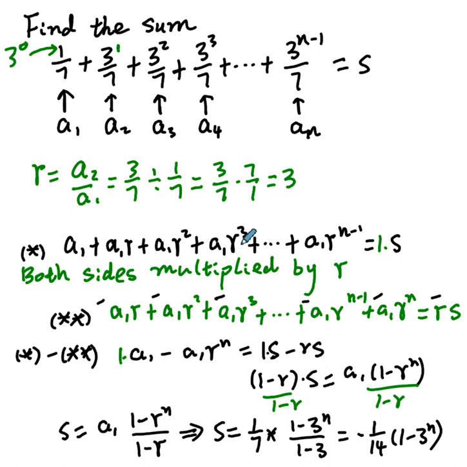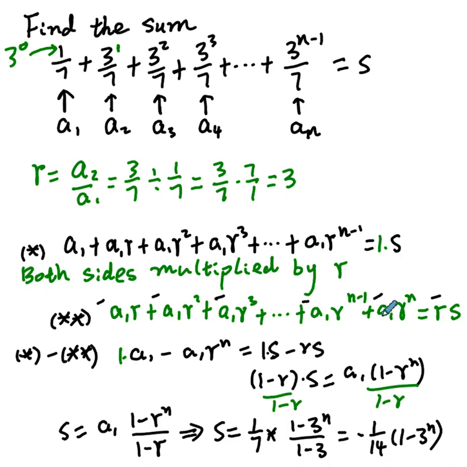A1R cubed, A1R cubed are cancelled. First, then A1 cannot be cancelled. So you put right here A1, subtract. This term cannot be cancelled. A1 R to the nth. But this one, A1 R to the n minus 1, A1 R to the n minus 1, those two will be cancelled.